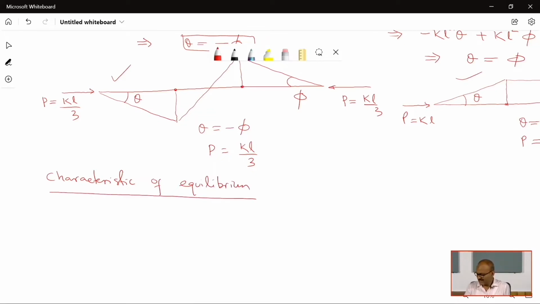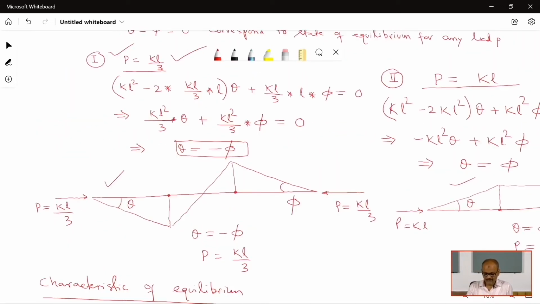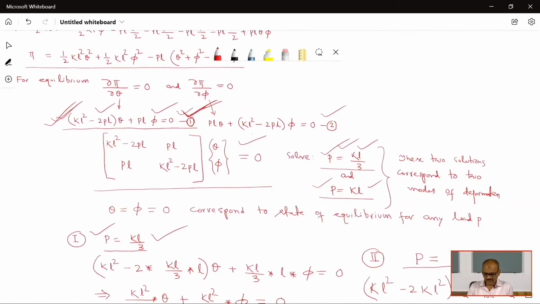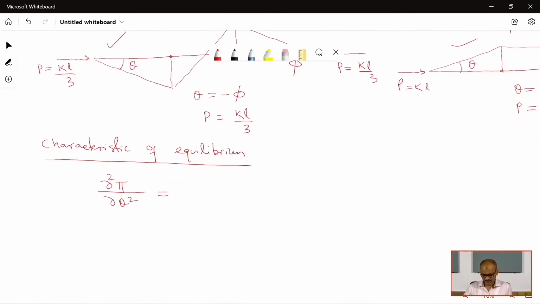For finding the characteristic of equilibrium, we will have to find second variation of the total potential energy. If we differentiate this phi with respect to theta square, which is del square phi by del theta square, we will get KL square minus 2PL.